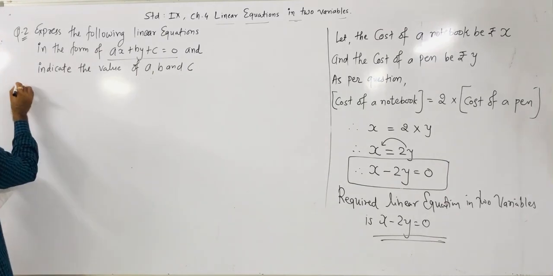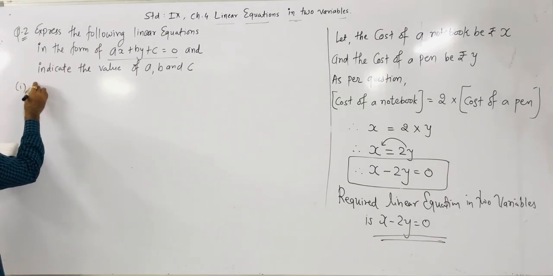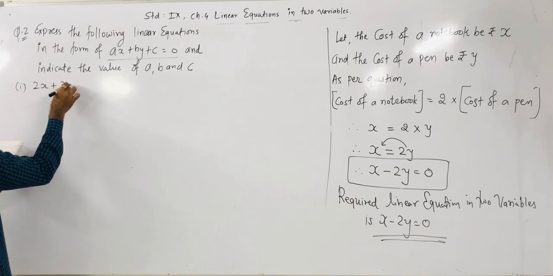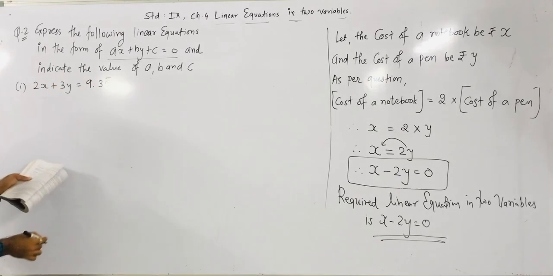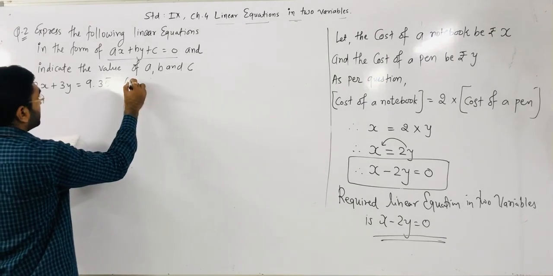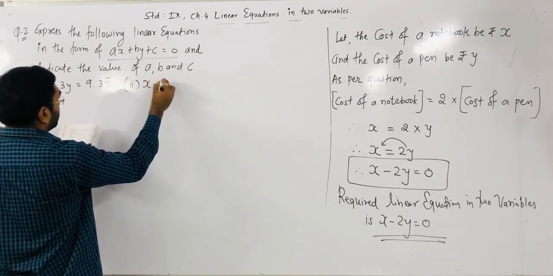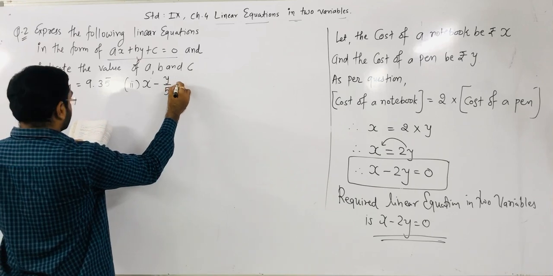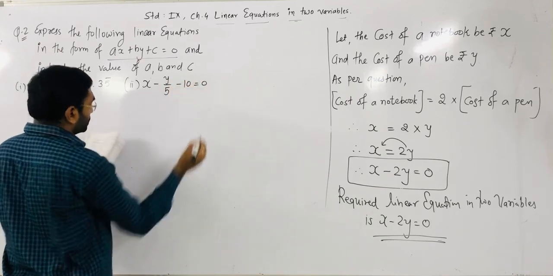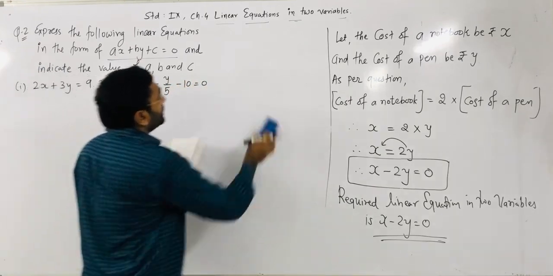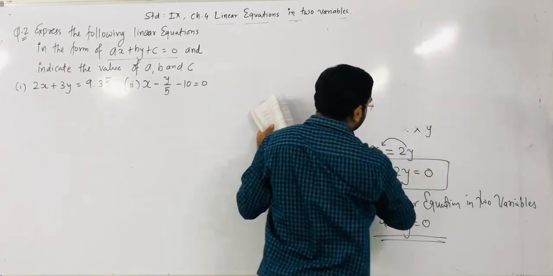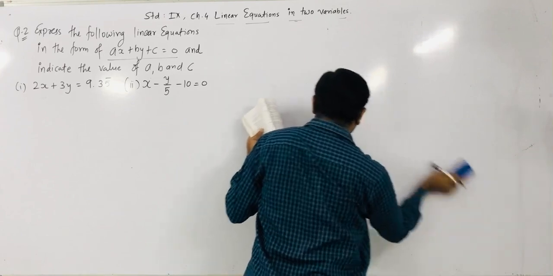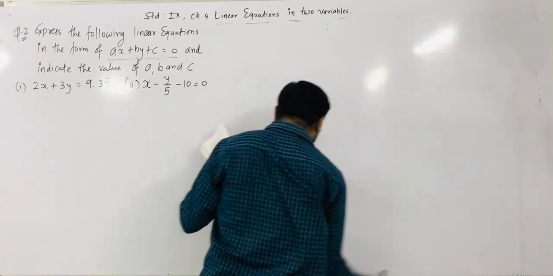Okay, so the first case here I represent: first is 2x plus 3y is equal to 9.35 bar. Second case: x minus y by 5 minus 10 is equal to 0. In the same way I represent the other cases which we have to reform in ax plus by plus c is equal to 0 form.